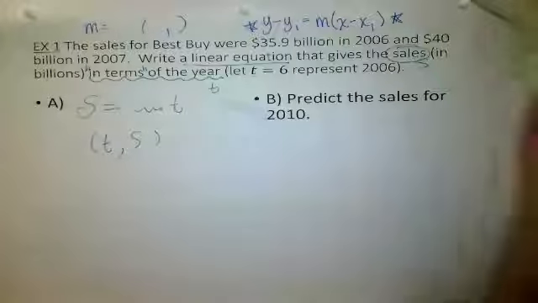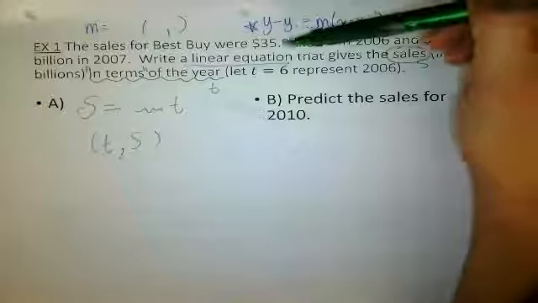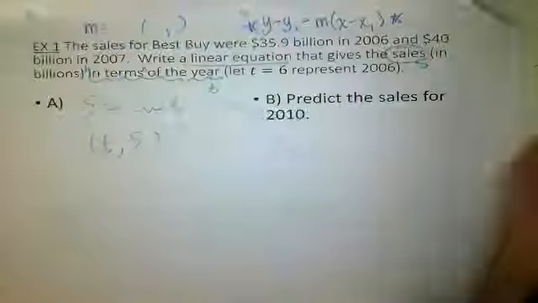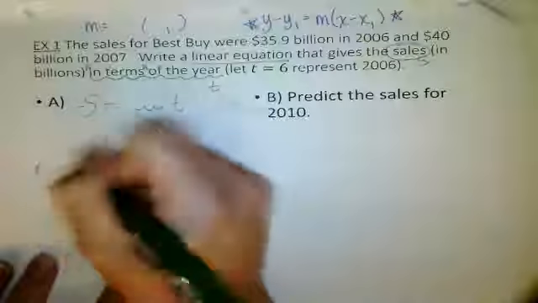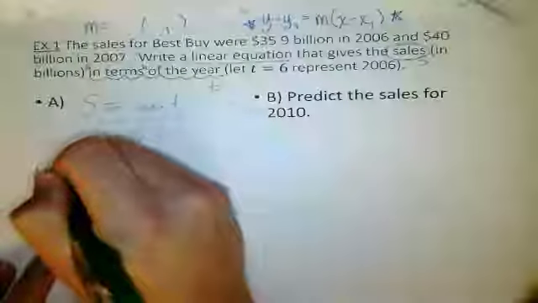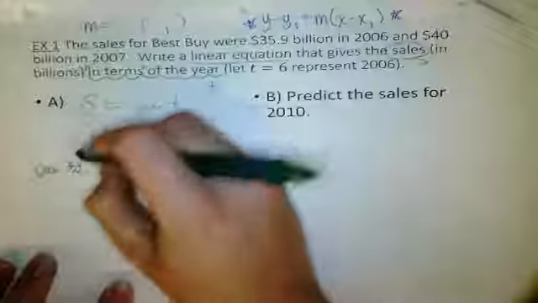So now when I read something like "the sales for Best Buy were $35.9 billion in 2006," that's an ordered pair. What ordered pair would that be? The year was 2006. I'm going to leave it 2006 for just a minute. And then $35.9 billion. I'm going to write in the word billion.